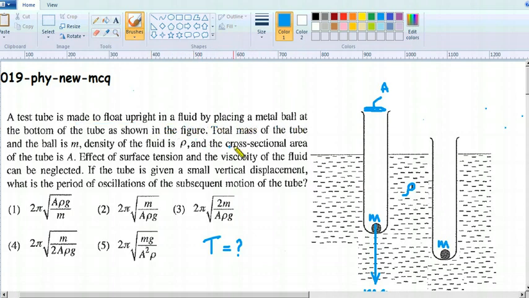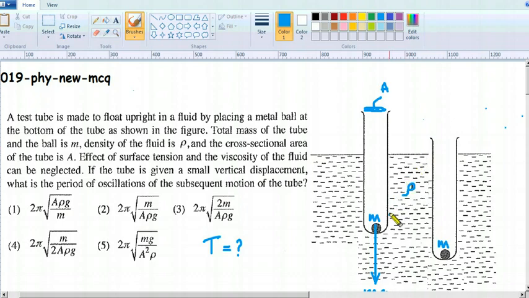If it is floating, that means it doesn't move up or down, and it doesn't rotate clockwise or anti-clockwise. That state we call the equilibrium state. In equilibrium state, the forces opposite to each other are equal in magnitude.